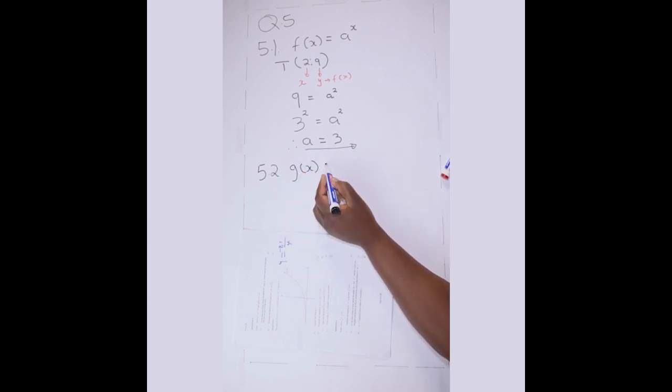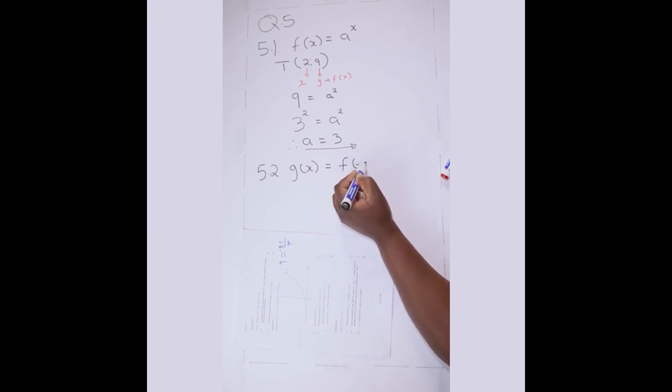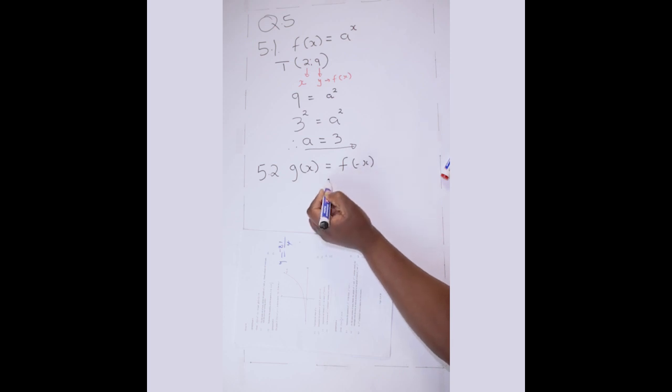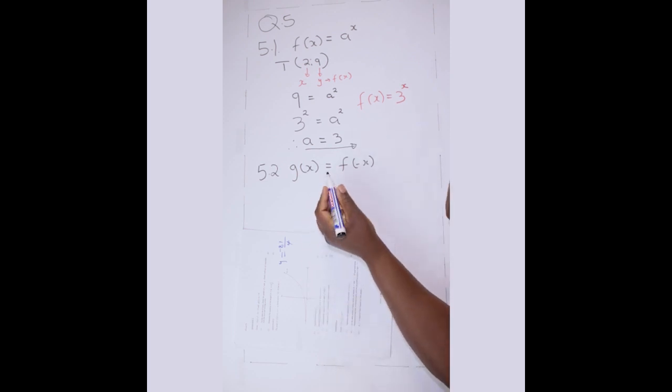g of x equals, remember they said it's f of negative x. What does it mean? It means wherever we see x in the equation of f of x, which is given as f of x equals 3 to the exponent x, we put a negative x.